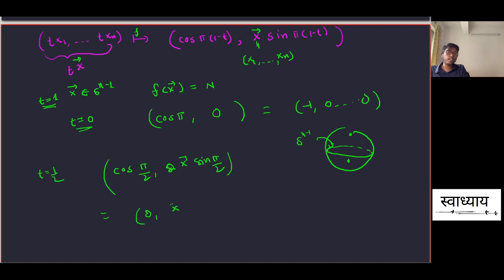This is 0, x. And this is precisely your equator. So this proves that this is a well-defined map, and it preserves the equivalence relation, that all the points on the boundary go to one point.